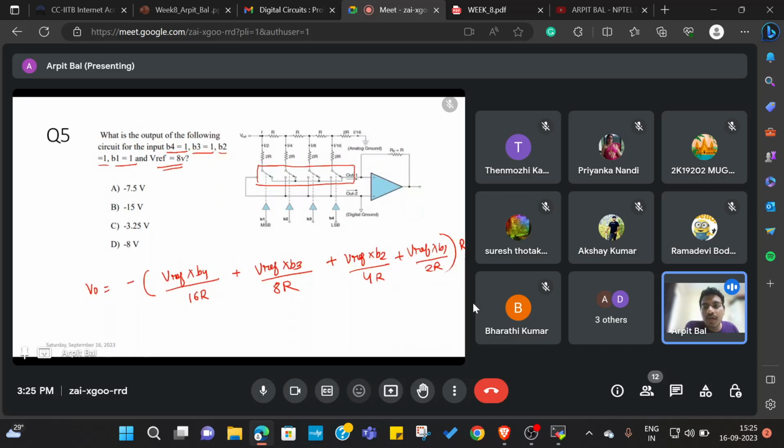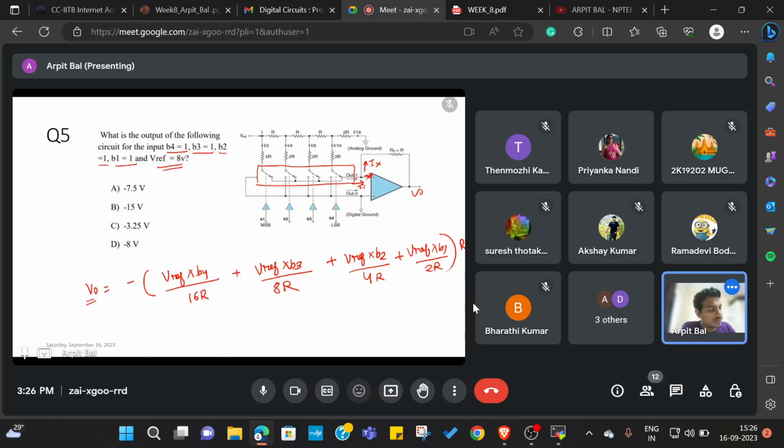So for deriving this particular equation also, you need to use the same thing. You need to find out the current I1 here, and here there won't be any current going, and this is Ix. Equate both and you will be able to find out what is V0. So I'm giving you the final equation that you can directly use to arrive at your solution. Option A is the answer?